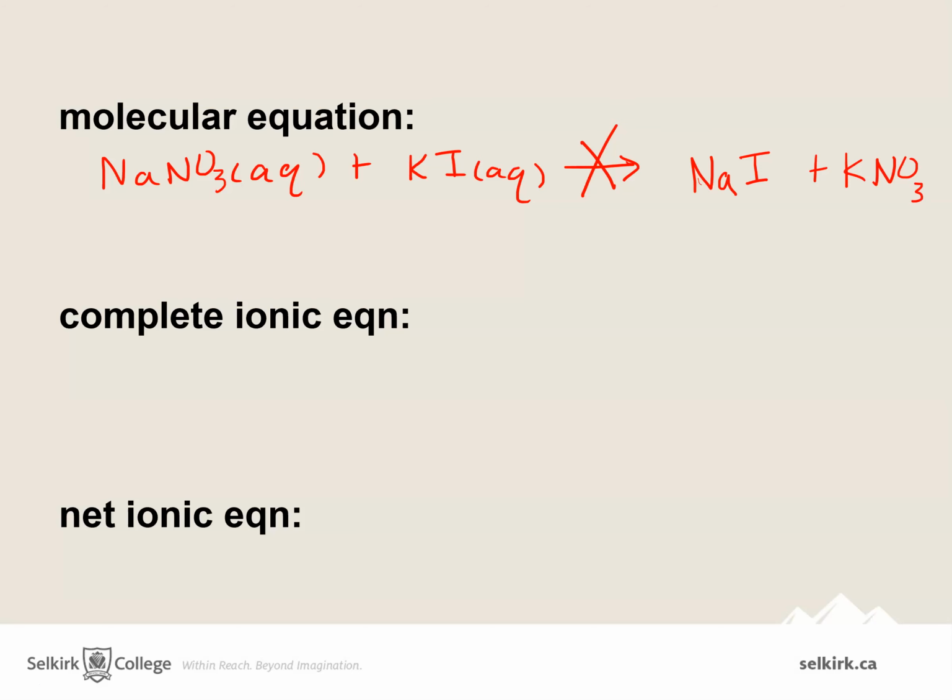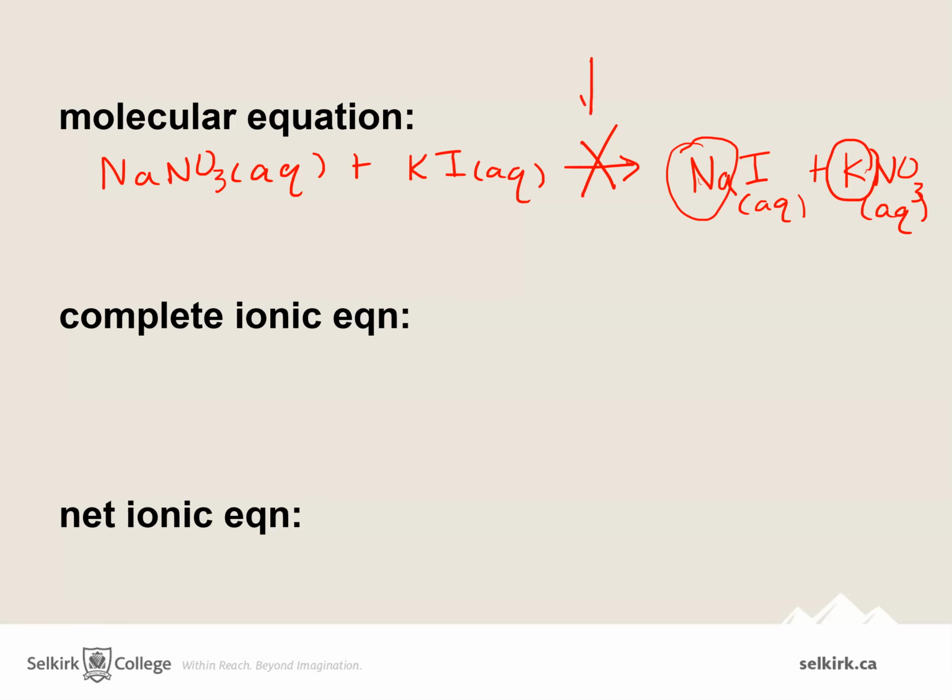But when I go back and check the solubility table, I will see that all ionic compounds containing sodium ions are soluble, and all ionic compounds containing potassium ions are soluble. So no precipitate forms, nothing happens. And what you will observe when you actually do this is nothing happens. It just stays a homogeneous solution.